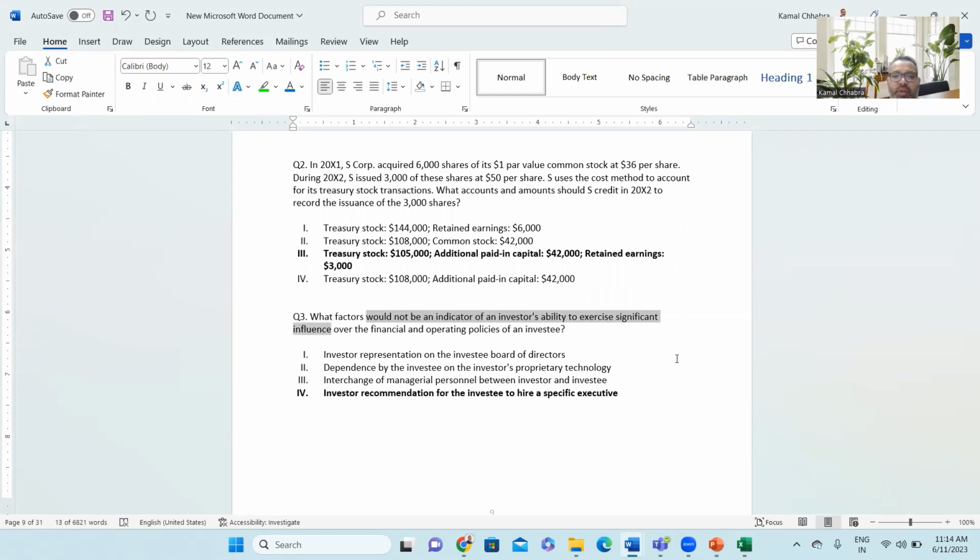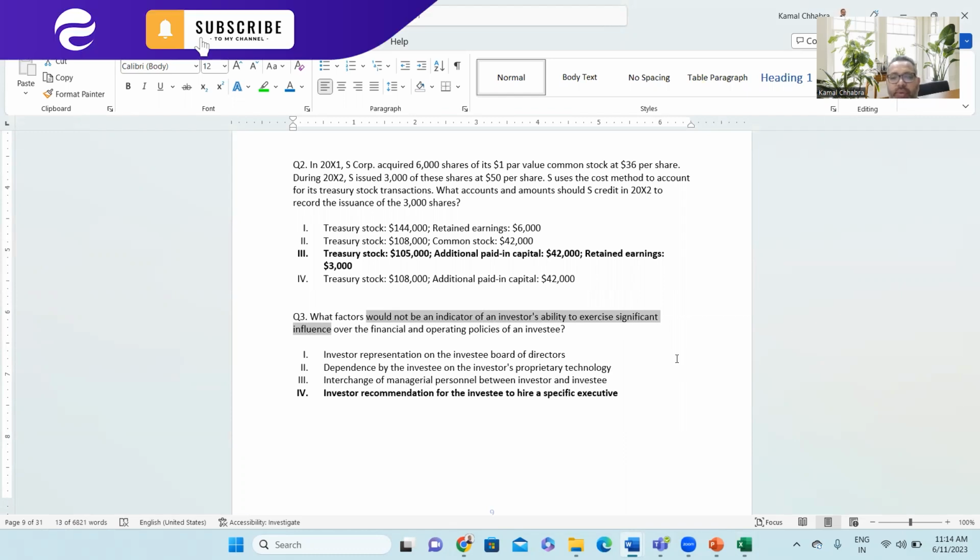Investor representation on the investee board of directors, that is an indicator that he or she has influence, right? Second is dependency by investee on investor's proprietary technology, like we discussed the Coca-Cola example, MRF example, right? Third is interchange of managerial personnel between investor and investee.